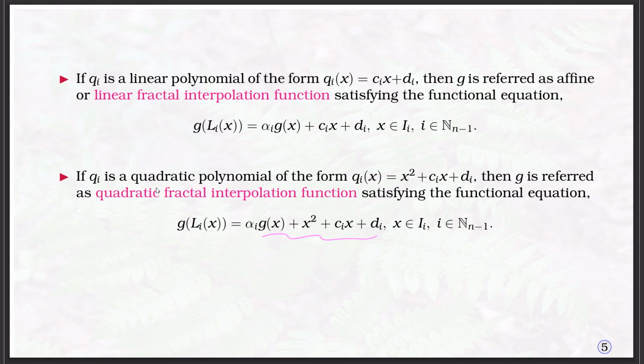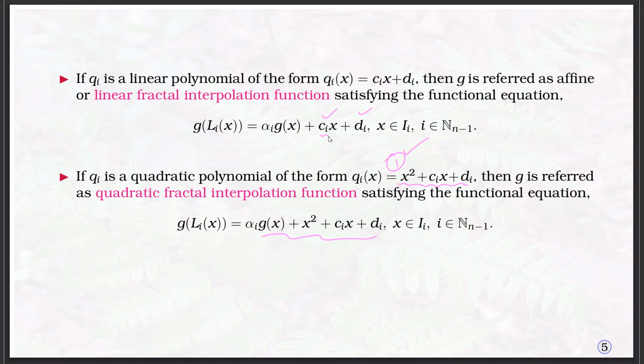Here qi is a quadratic polynomial of this form, a particular case of a quadratic polynomial. Here the leading coefficient we are taking as 1. I will explain why we take the leading coefficient as 1 while estimating the parameters ai, bi, ci and di. Then g is referred to as the quadratic fractal interpolation function satisfying this functional equation.